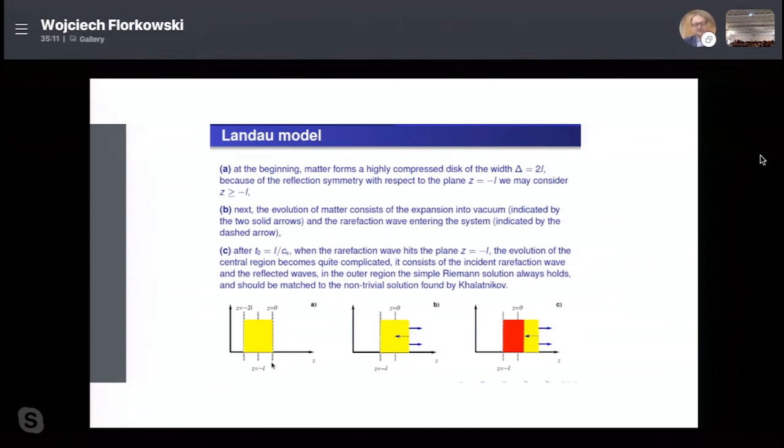So the collision is really a collision of Lorentz contracted nuclei, and they stop. So you have a very dense system because the length is really the size of the nuclei, which is Lorentz contracted. So we have some system which is at rest at the beginning.